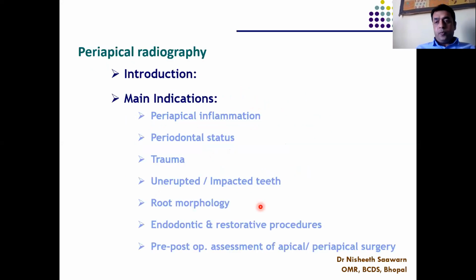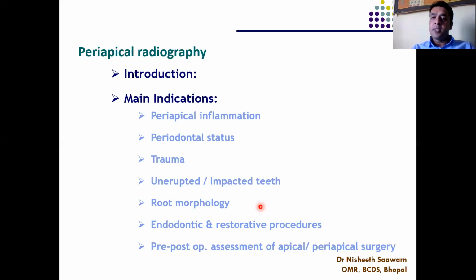Okay. Now we'll come to something called periapical radiography. Basically, radiographs related to dentistry are of 2 types: intraoral radiograph and extraoral radiograph. In extraoral radiograph, we keep the film outside the mouth or near the head. In that, we have 2 types of views: panoramic radiograph or OPG, and the skull views.